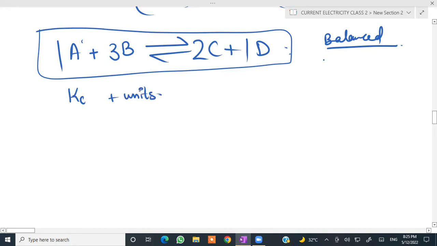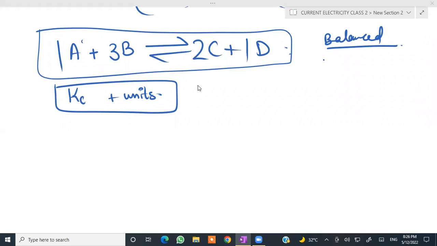And by the way, this is an MCQ, has been tested multiple times. Kc and its units for this equation. You have 30 seconds to write it down. Okay, just take 1 minute to write it down.